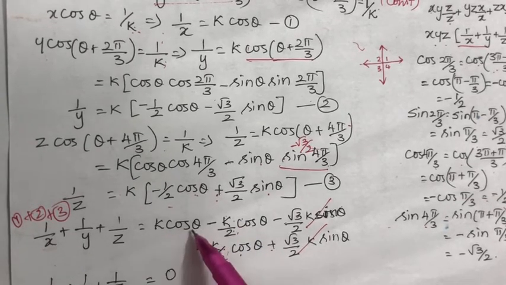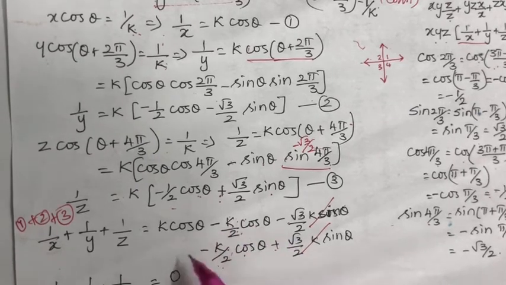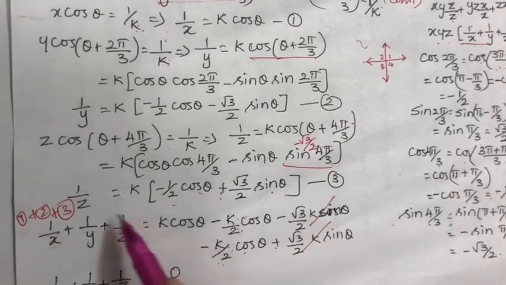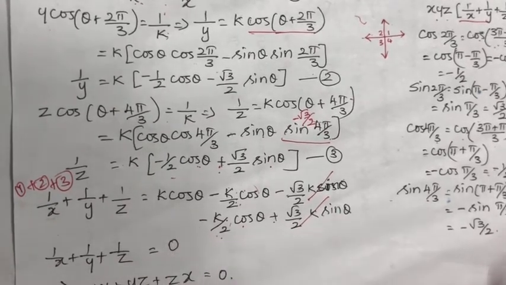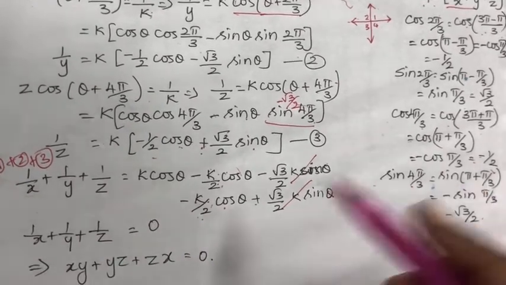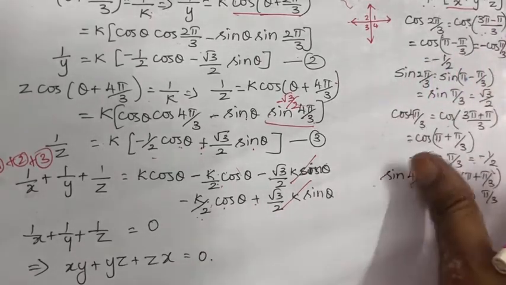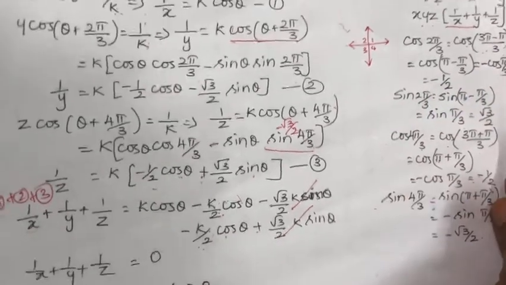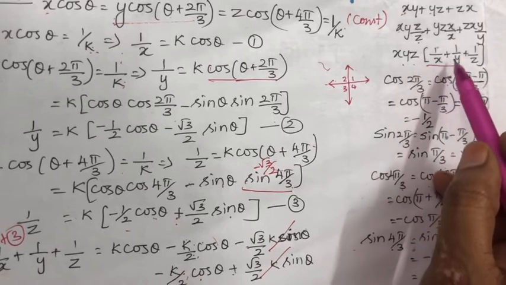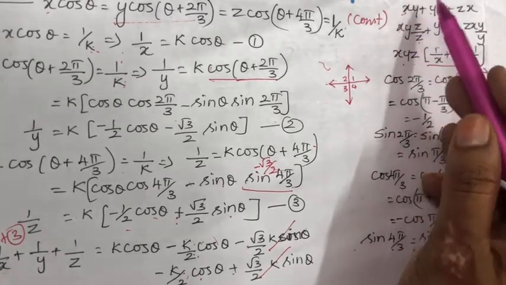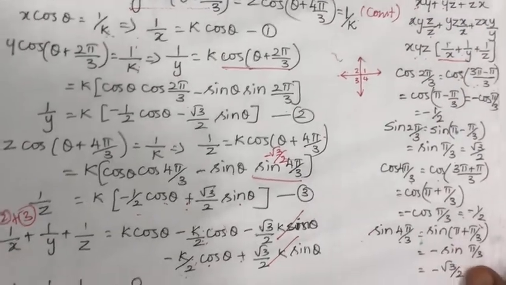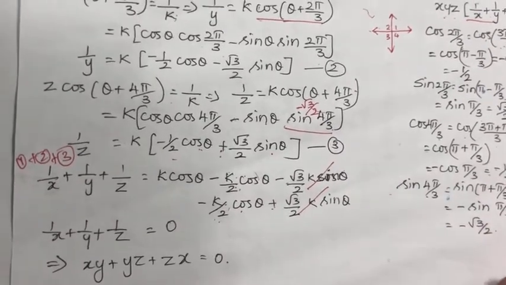So k cos theta minus k cos theta will get cancelled and the value is 0. So 1 by x plus 1 by y plus 1 by z is equal to 0. That implies xy plus yz plus zx is equal to 0.